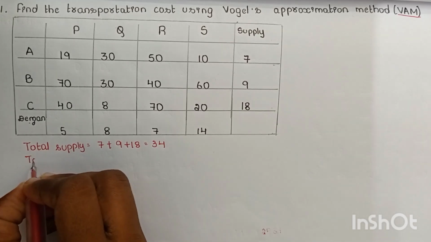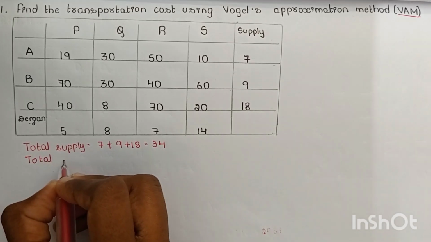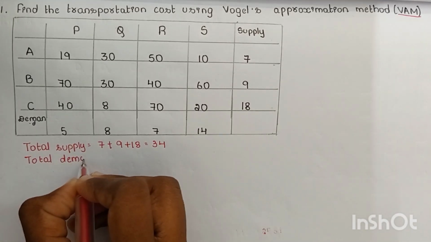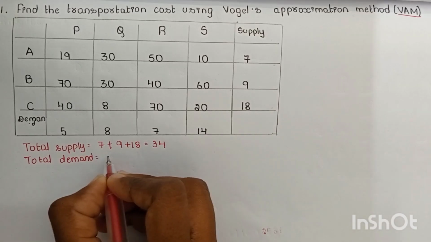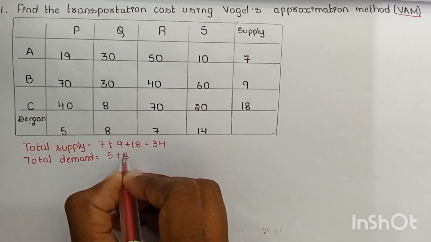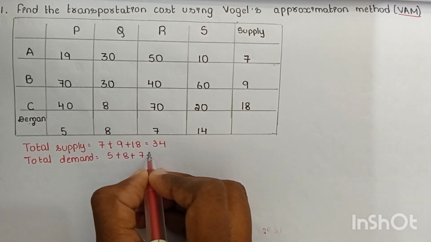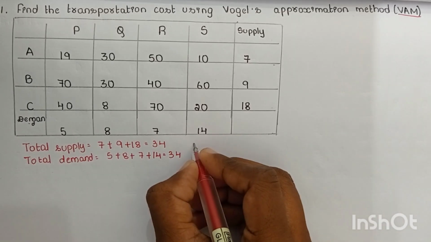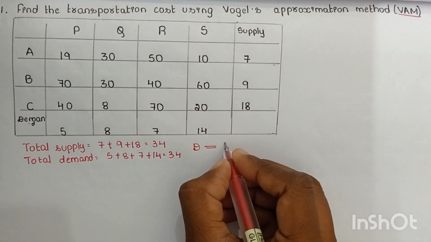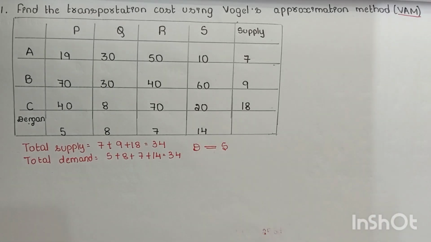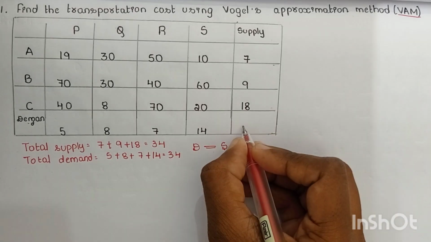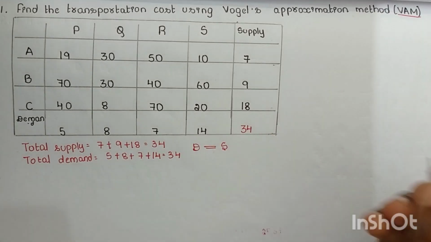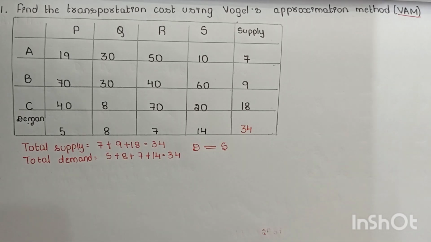And total demand is equal to 5 plus 8 plus 7 plus 14, which is also equal to 34. Here demand and supply are equal, so it is said to be a balanced problem. So let me write the total. The total is 34. Now let's start with the allocation by using the VOGEL'S approximation method.